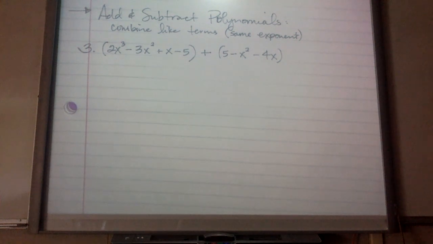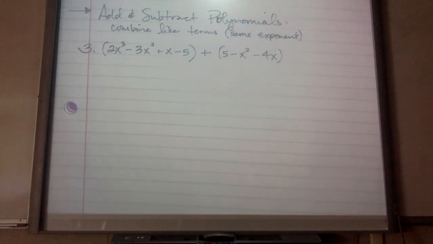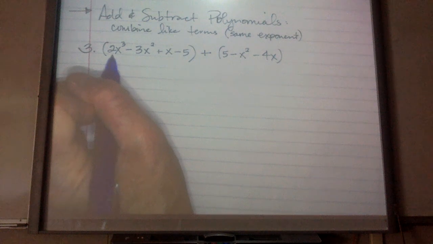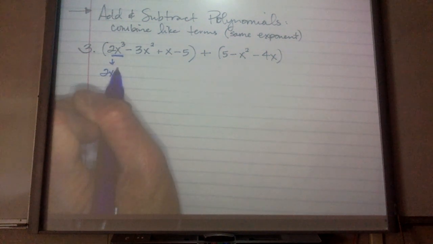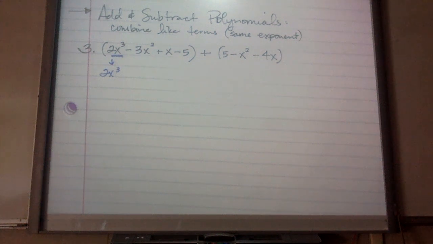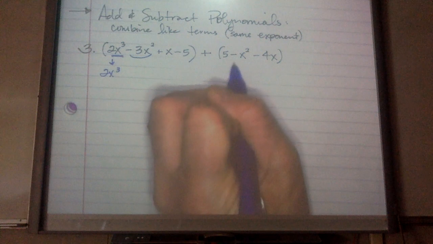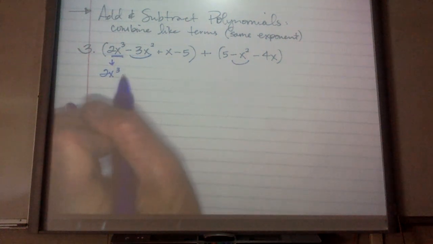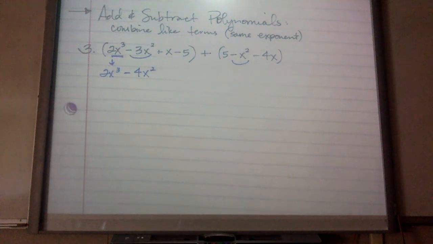So I'm going to start with terms cubed, right, because I need to write this in standard form. There are no other x cubed, so I'm simply going to bring it down. Now I'm going to look at x squareds. I have negative 3x squared and negative x squared. If I add those together, I would have negative 4x squared.